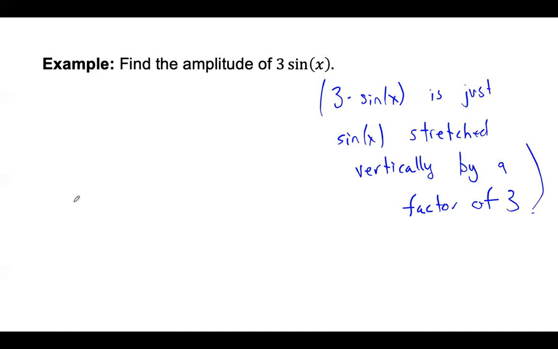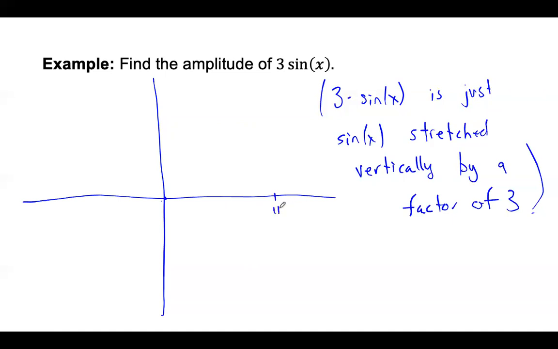So let's draw this. So we have pi divided by 2, and negative pi divided by 2, negative pi, something like that. It's not drawn perfect, like to scale.